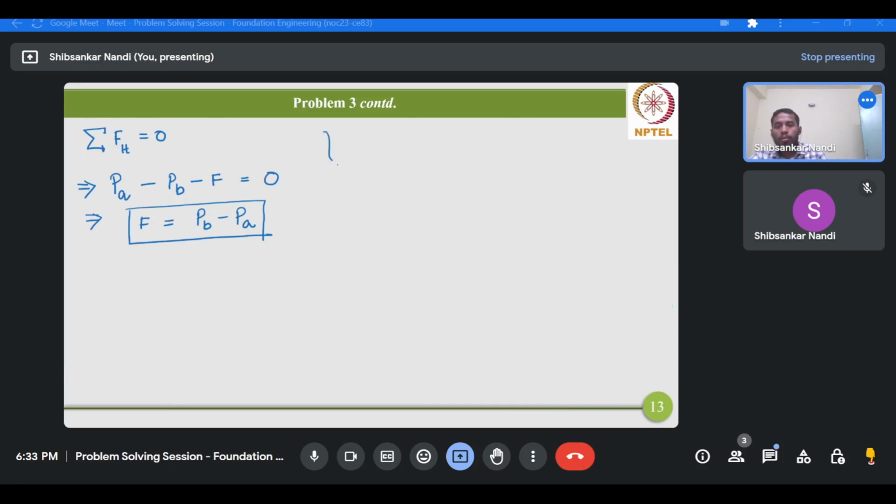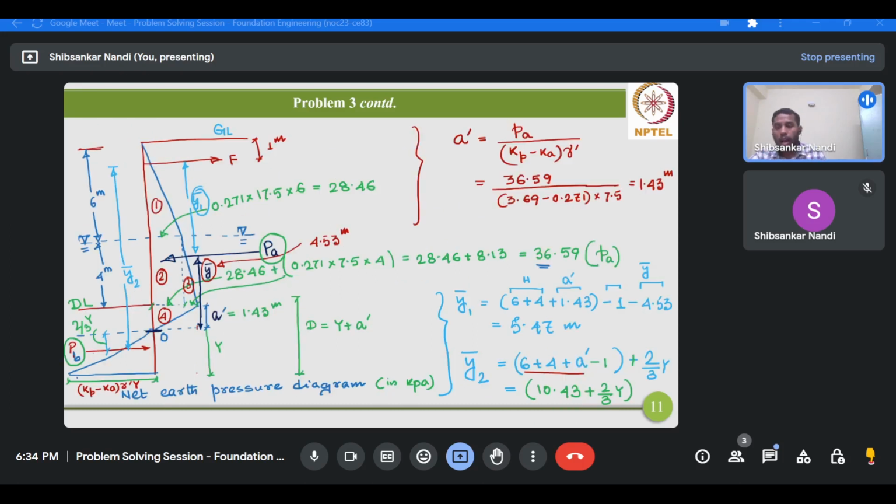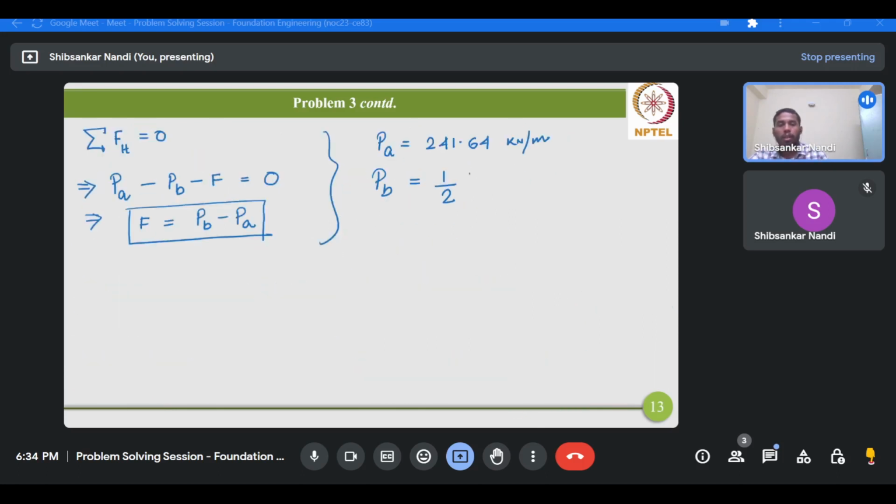PA is 241.64 kilonewton per meter, but PB we don't know. We just know the analytical expression: it's half times Kp minus Ka, gamma prime y, into y, the area of this triangle.